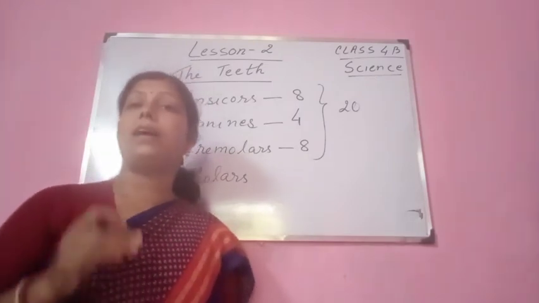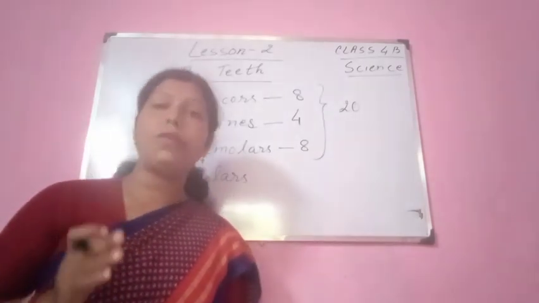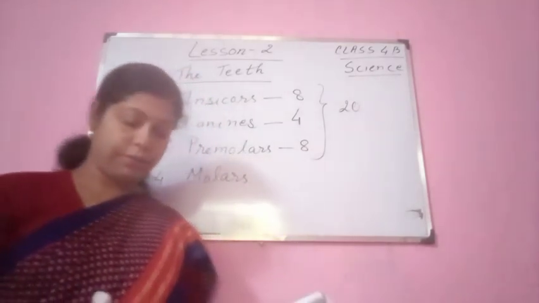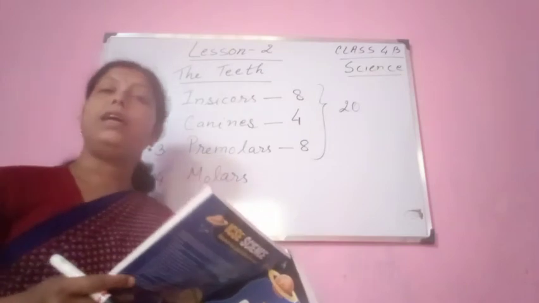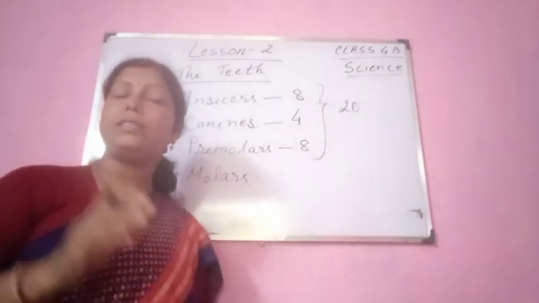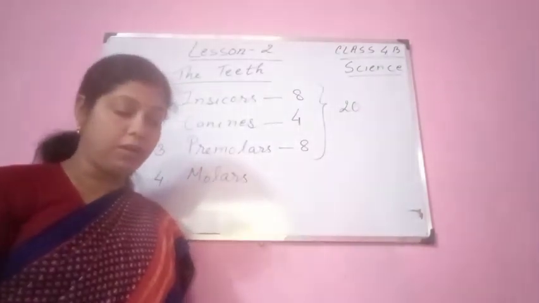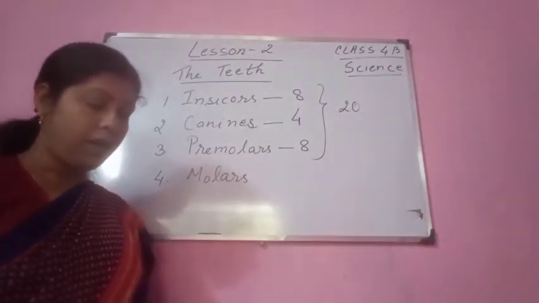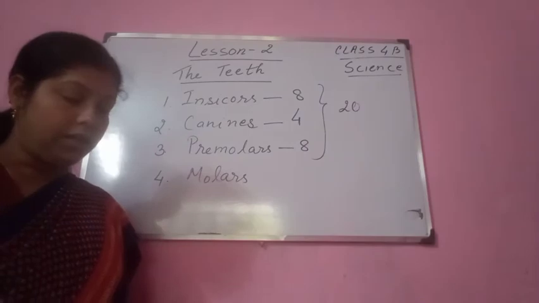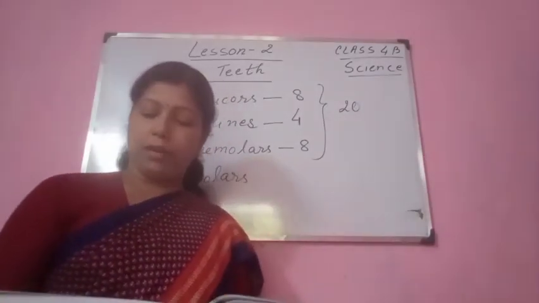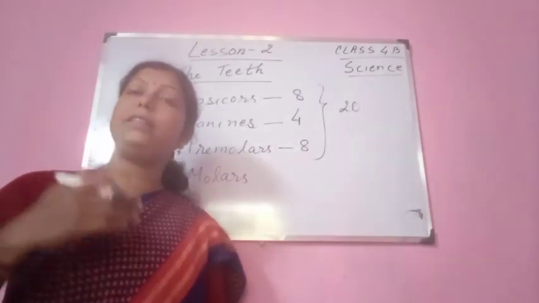Whereas an adult has a set of 32 permanent teeth. Now you see here, we were talking about the children, how many teeth they have.